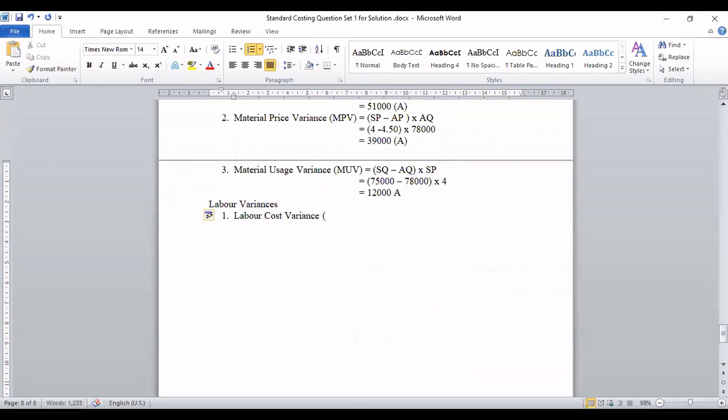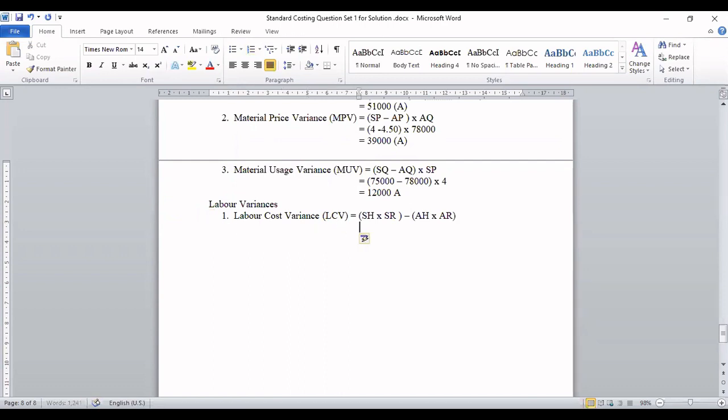Tell me the formula: standard hours into standard rate minus actual hours into actual rate.